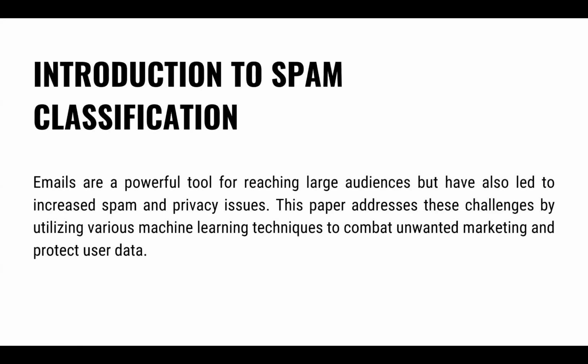We wanted to build a program which will be able to differentiate between spam emails and ham emails. This more efficient classification would lead to fewer cyber attacks, and it will make the system more secure.